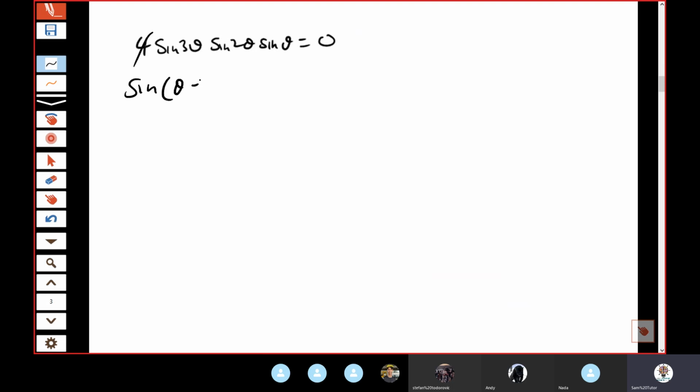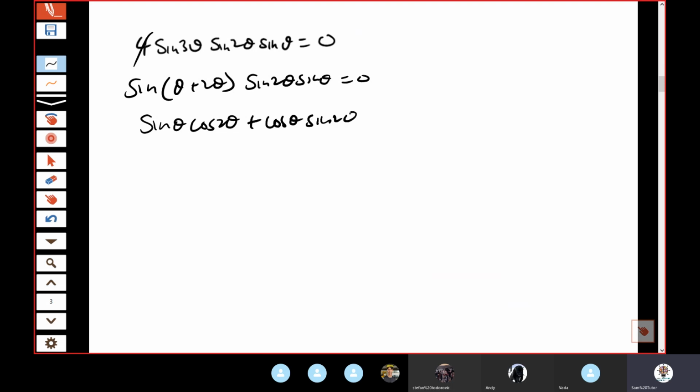Sine theta plus 2 theta. Let's leave this for the time being and see what happens. Let's not break this up just yet. This guy becomes sine theta cos 2 theta plus cos theta sine 2 theta.